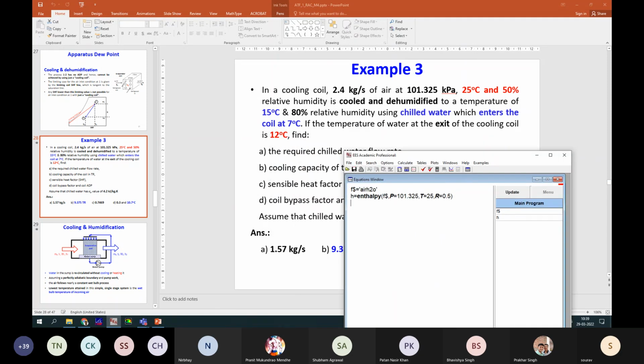Now, what are the other functions you may require? Let's say you want to know what is the humidity ratio. In fact, every time you'll have to write the fluid name. So again, you will have to give two other properties.